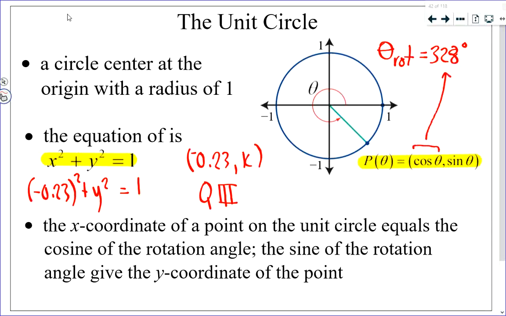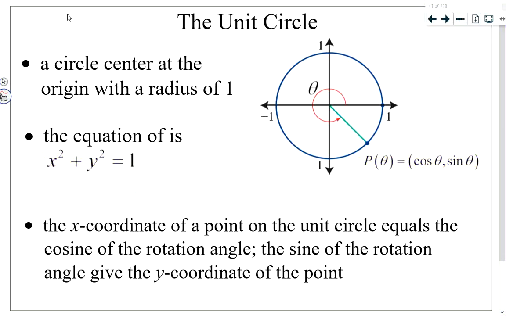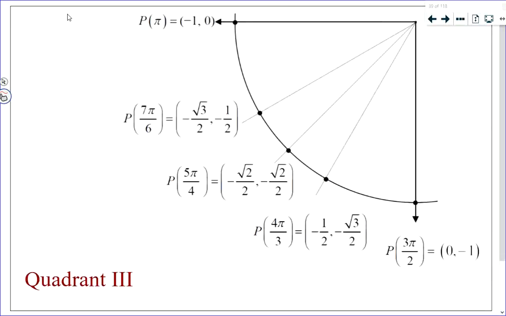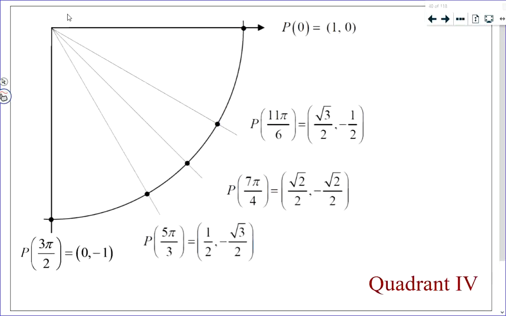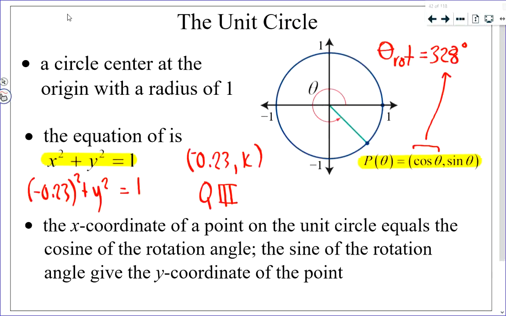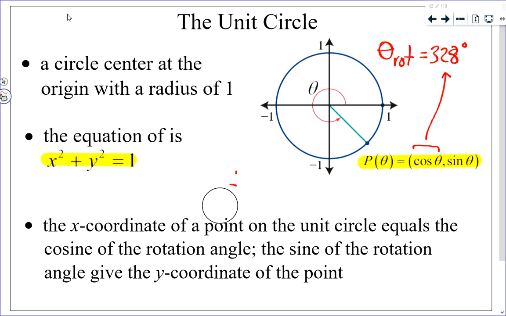So if I wanted to know the x-coordinate of that point of intersection, I'd just take my calculator, put it in degree mode, and find the cosine of 328 degrees. So don't lose sight of those things about the unit circle. Yes, it's about the bigger picture, like finding sines and cosines of these special angles, but it's also about these 2 points that are highlighted in yellow.